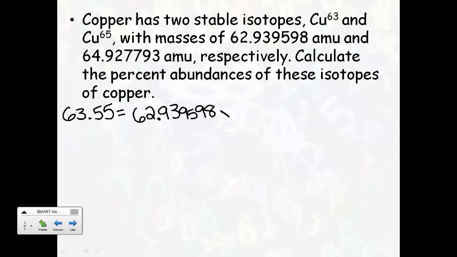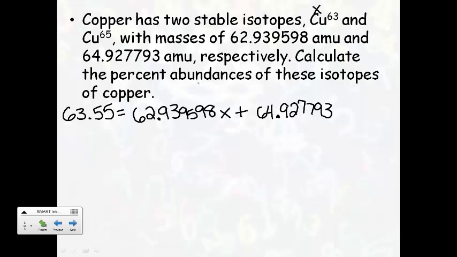So we're going to call this first percentage just X. Okay, and we're going to add our second one. So I'm going to go ahead and write that up here so we remember we called this one X. Okay, and then we got 64.927793. All right, and then we got to figure out what we're going to call the percent abundance of this one. Okay, well, remember the percent abundances have to add up to 100.